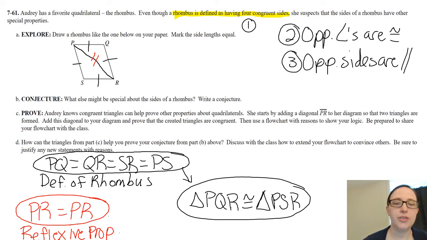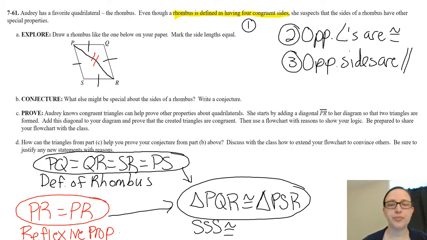We draw our arrows, and our justification is the side, side, side theorem. If 3 sides in a triangle are congruent, then those 2 triangles are congruent to each other. And then finally, we can say that those alternate interior angles are congruent. So this angle is equal to this angle is equal to that other angle.